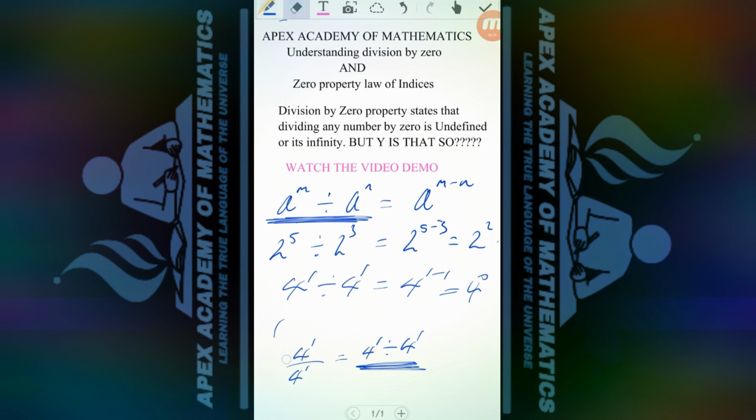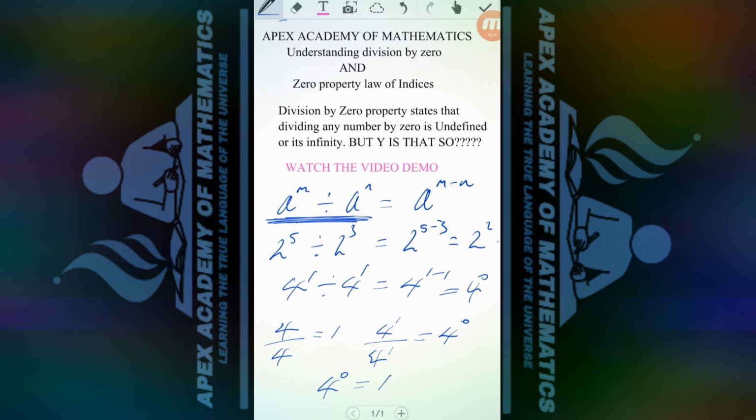So in conclusion, what we're saying is that if 4 over 4 is equal to 1, and also 4 to the 1 divided by 4 to the 1 is equal to 4 to the 0, if both expressions are the same, but we're getting two different results in appearance, then we can safely say that 4 to the 0 must be equal to 1.